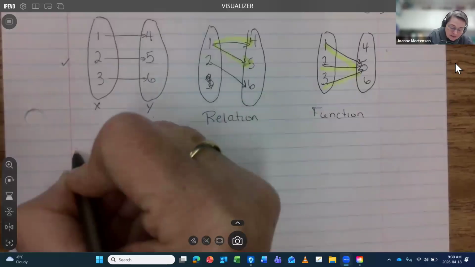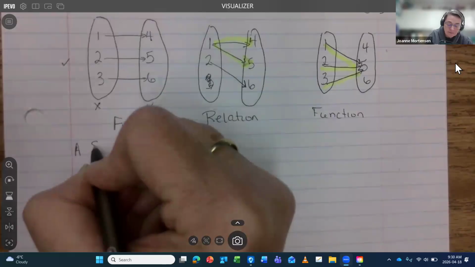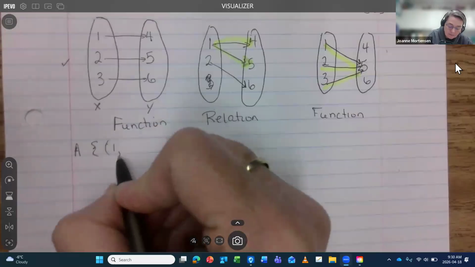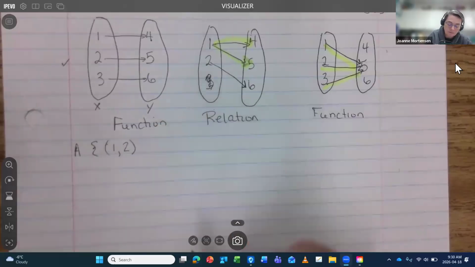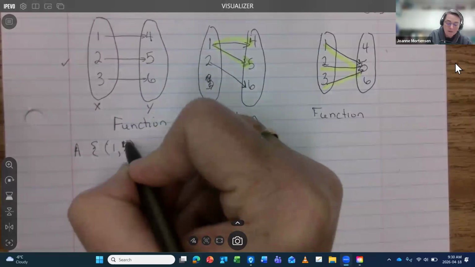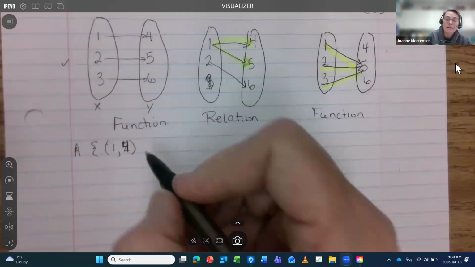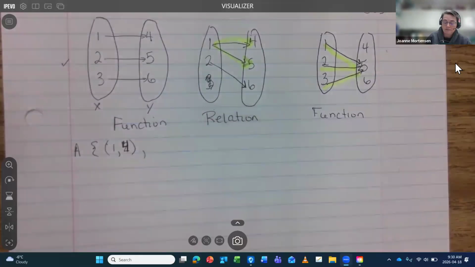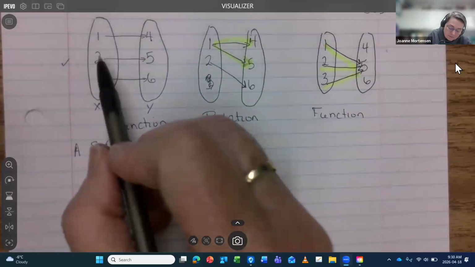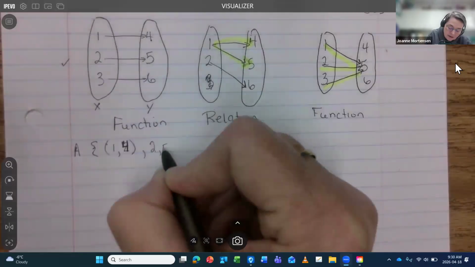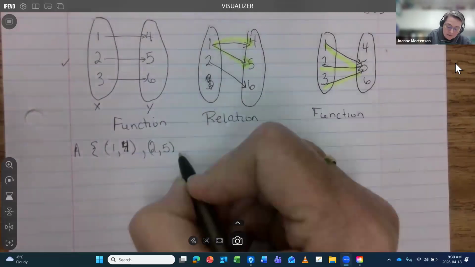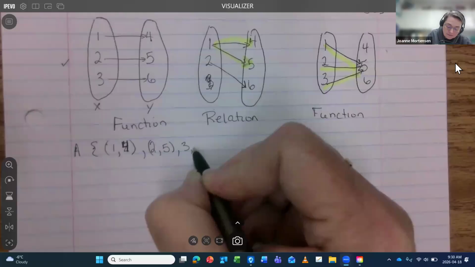We're going to call it set A just because I can. 1 goes with 4, and that's my first ordered pair. Okay, 2 goes with 5. And 3 goes with 6.